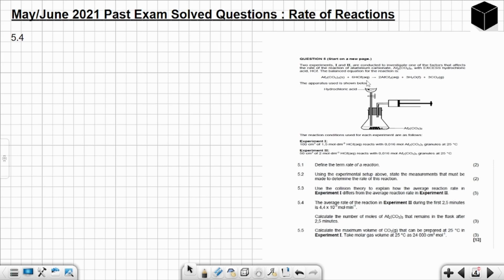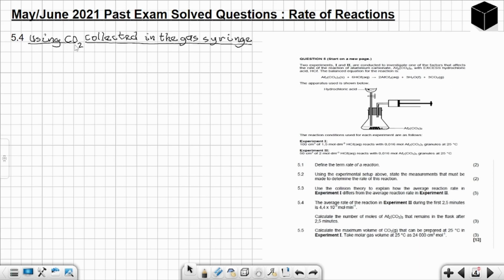If you look at the balanced equation that you are given, you have your product on the right side, and you have carbon dioxide gas, which is collected in the gas syringe. So the number of moles of carbon dioxide can be used to calculate the rate of reaction. But using the rate of reaction given, we can first find the number of moles of carbon dioxide after 2.5 minutes.